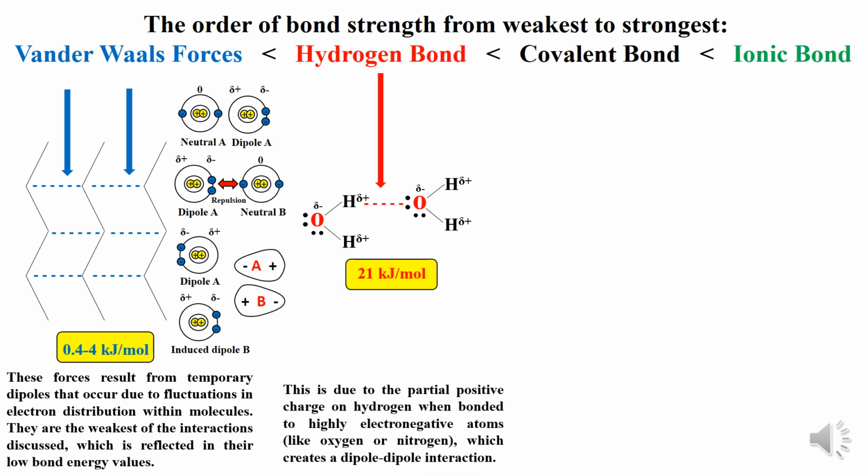So 21 kilojoules per mole of energy is required to break this dipole-dipole interaction between the water molecules. That is the hydrogen bond.